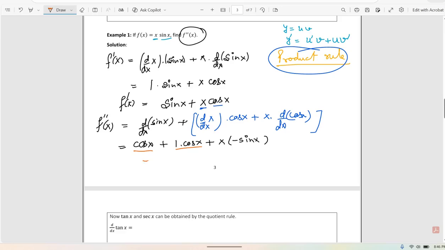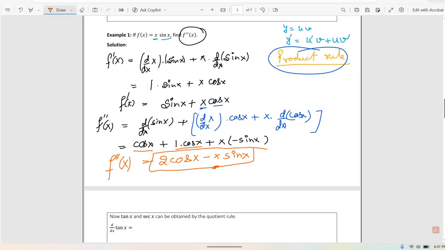Cosine x plus cosine x will be 2 cosine x, minus, positive times negative when they multiply, x sine x. So your answer should be 2 cosine x minus x sine x, that is the second derivative of the function.